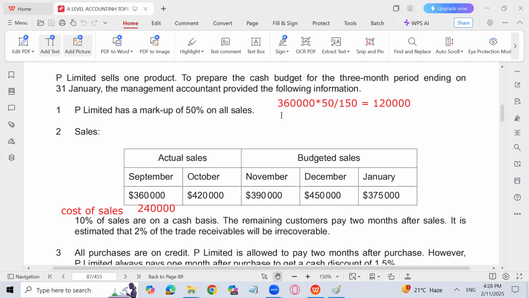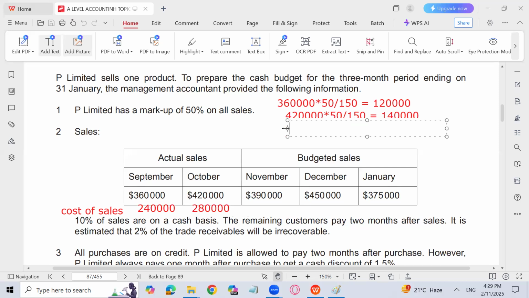Then 4,20,000 multiplied by 50 over 150, how much will it come? 1,40,000. 4,20,000 minus 1,40,000 is 280,000. That is the cost of sales.